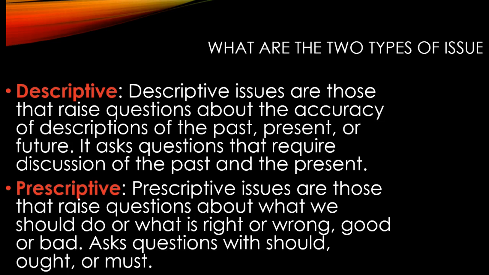And these questions usually start or include or infer this matter of should we do this, or ought we do this, or must we do this. So it's right or wrong, good or bad, versus the one that's descriptive, which is what happened in the past, what's happening now, what might happen in the future.